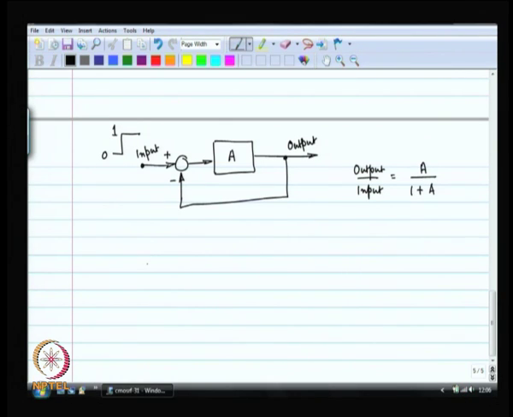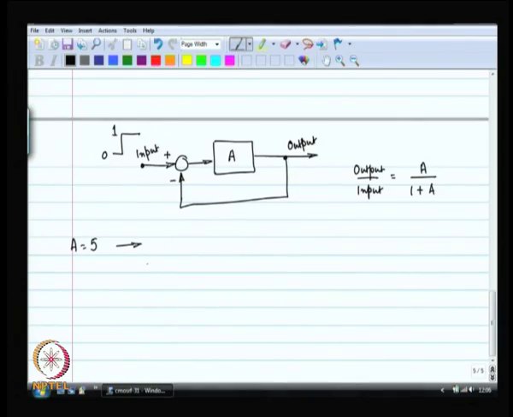Now, if your input is going from 0 to 1 and you have got A equal to 5, say A is 5. In that case, when the input is going from 0 to 1, if input is 1, then the output is 5 by 6, and that is no good, because your tank gun has to precisely point at the target and it can't be off by a fraction of a degree even.